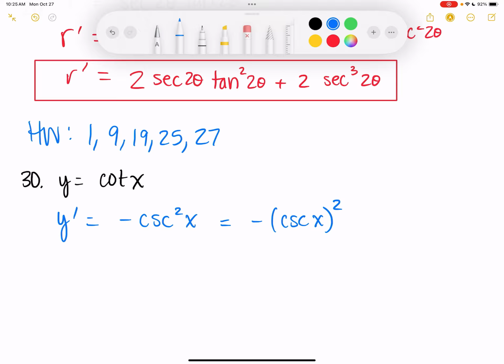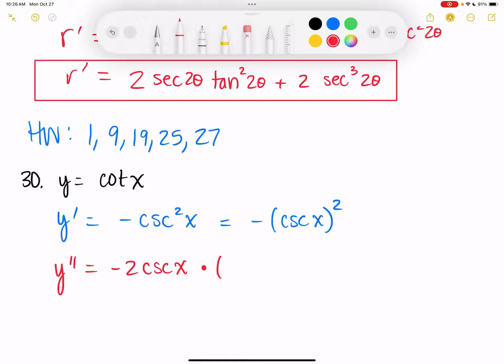So then our second derivative, we take the derivative of the outside, so that would be the negative 2, and then cosecant of x, and then obviously that just becomes a 1, so we don't have to do anything else, times, now the derivative of cosecant is what?